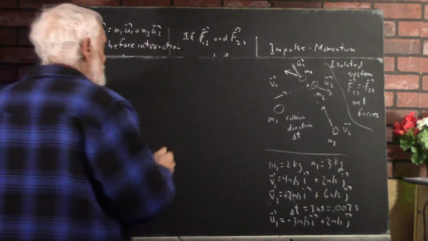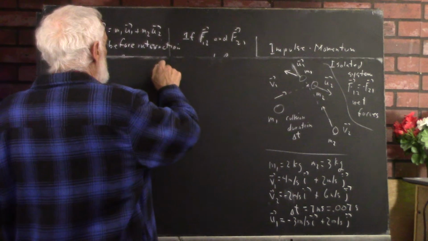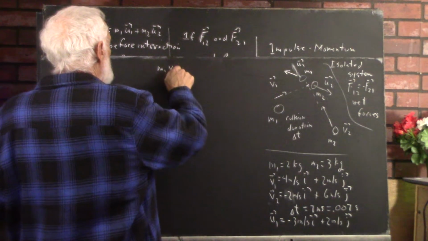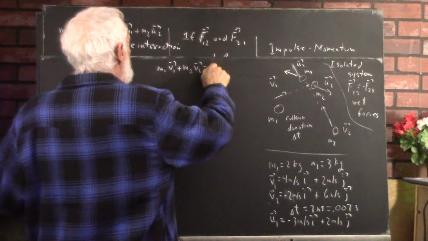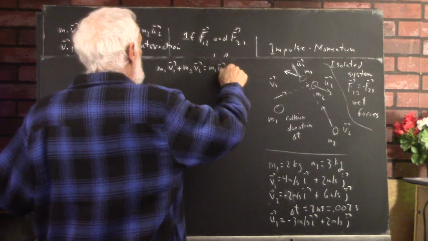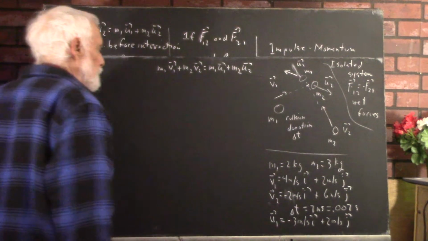So we can say that, let's write out the equation: m1 v1 plus m2 v2 equals m1 u1 plus m2 u2.